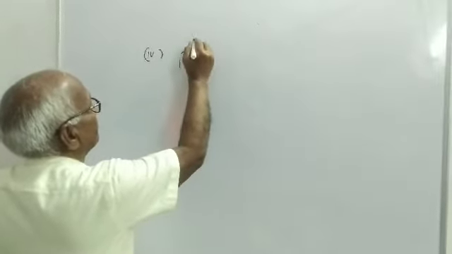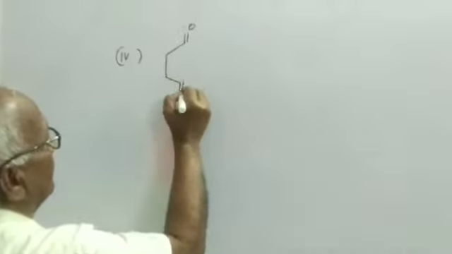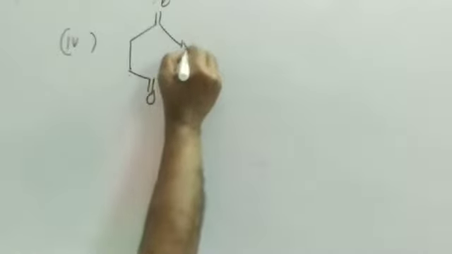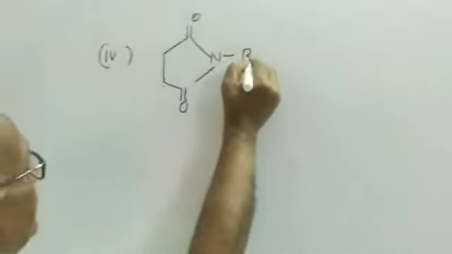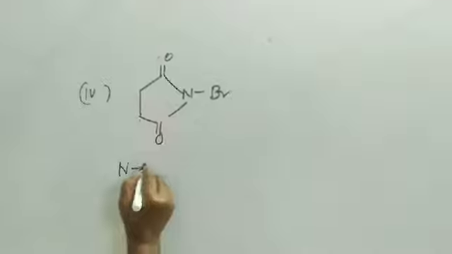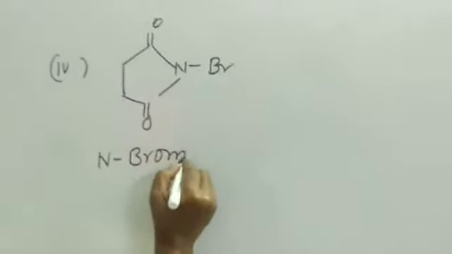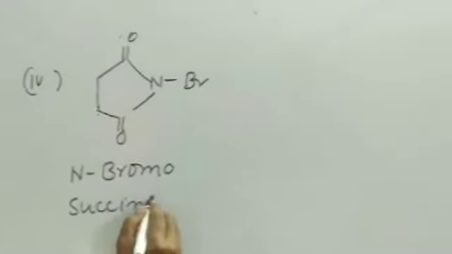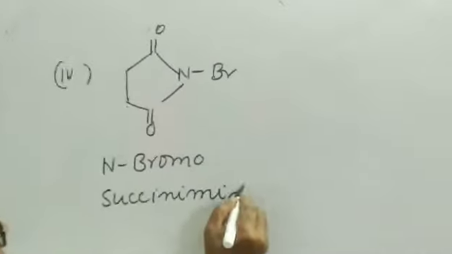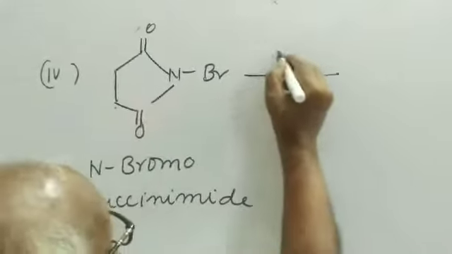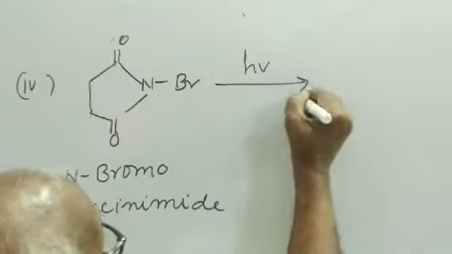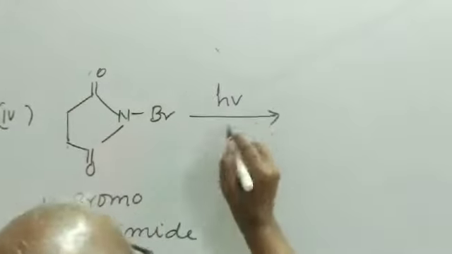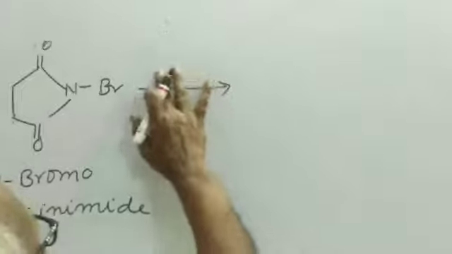You are aware of this. This is NBS, N-bromosuccinimide. It generates free radicals like this under the influence of heat.